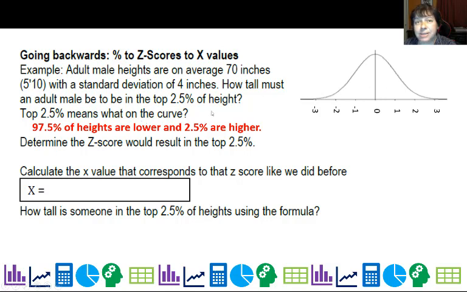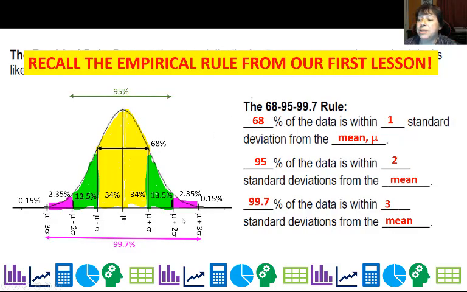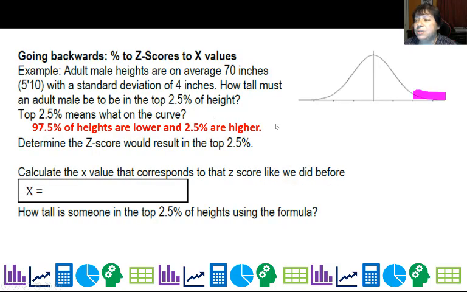Now, in this example, we can figure it out pretty easily using my prior notes. Here's the top 0.15%, and if I add in this piece, that gives me the top 2.5%. So that's 2 standard deviations above the mean, so the z-score corresponding to this area would be 2.